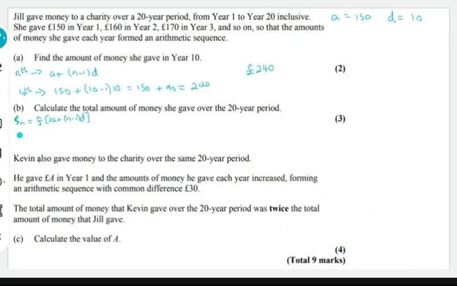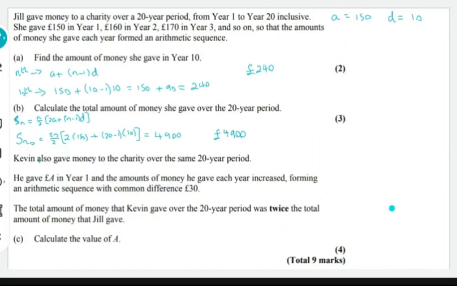So S20 is 20 over 2 times 2 lots of 150 plus 20 minus 1 lots of 10. And you said you got 4,900 as an answer? 4,900. So therefore, £4,900. Yep. There we go. Nice.